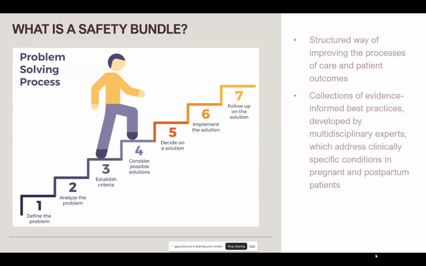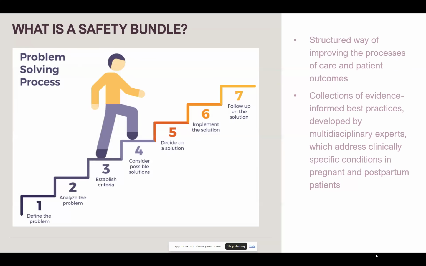And I really liked this little graphic because this is exactly what we do. We define a problem, we analyze different pieces of that problem, we start establishing criteria, and we look at some possible solutions, and within that criteria and solutions is how we might measure that improvement. Then we decide on a solution, we implement the solution, and then you have to do the follow-up on the solution.